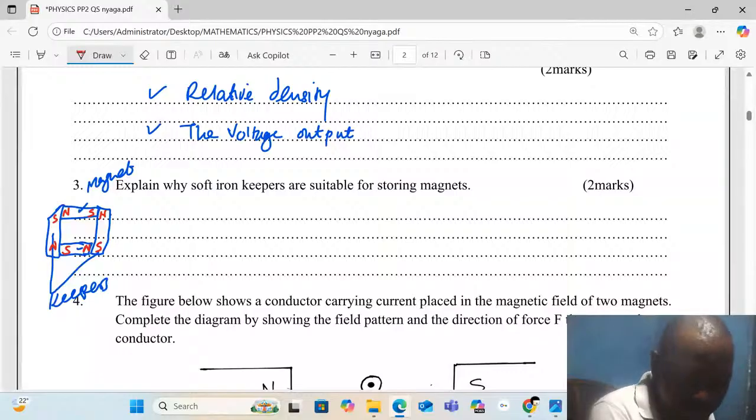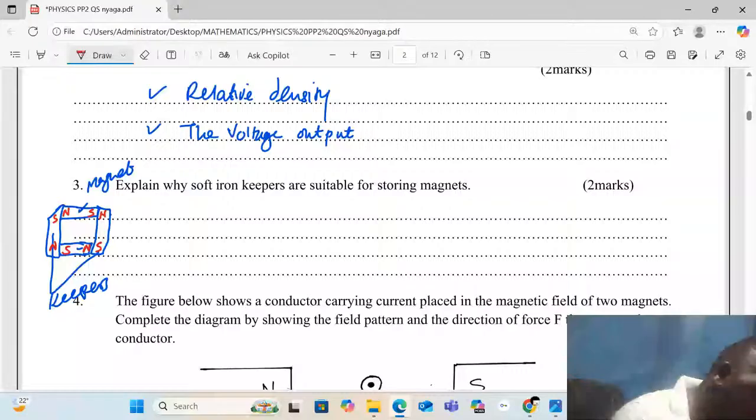It forms a loop, and this leads to retention of the magnetism.